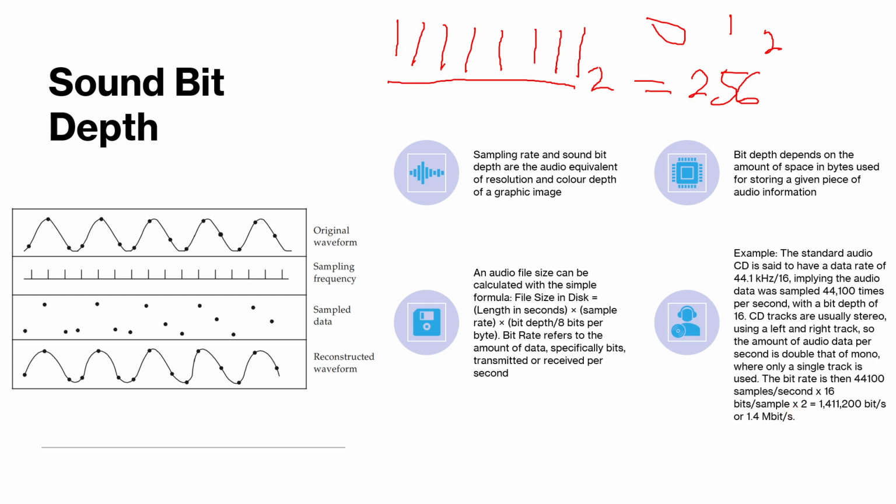In this case, the number of channels is 2 because it's stereo. If it is mono, then the number of channels is 1.